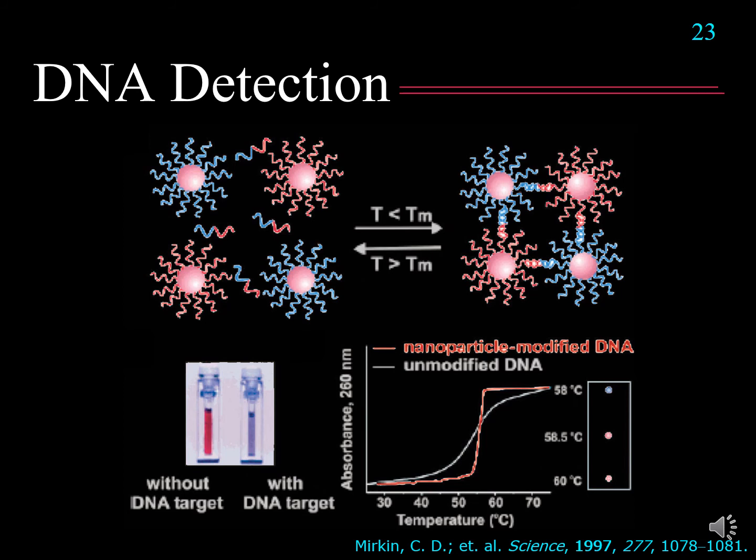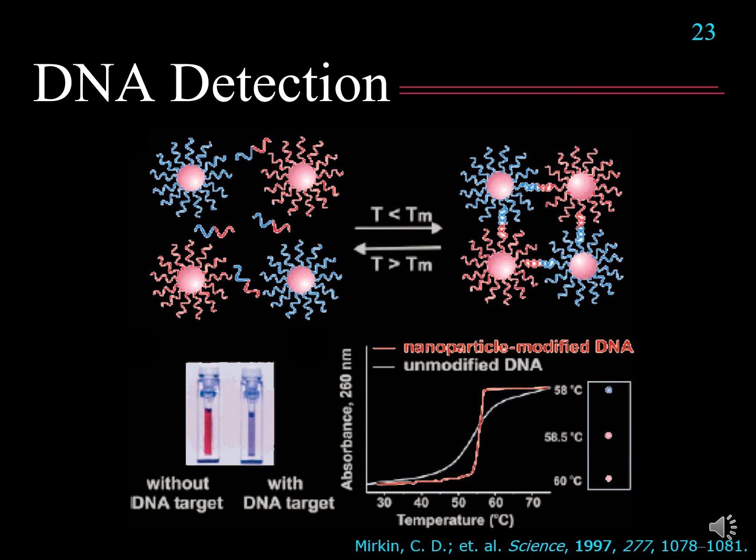The other half of the target DNA is specifically bound by the red gold nanoparticles with another series of single-stranded DNA, complementary base pairing like that. So the blue color binds to the first half, the red color binds to the second half.